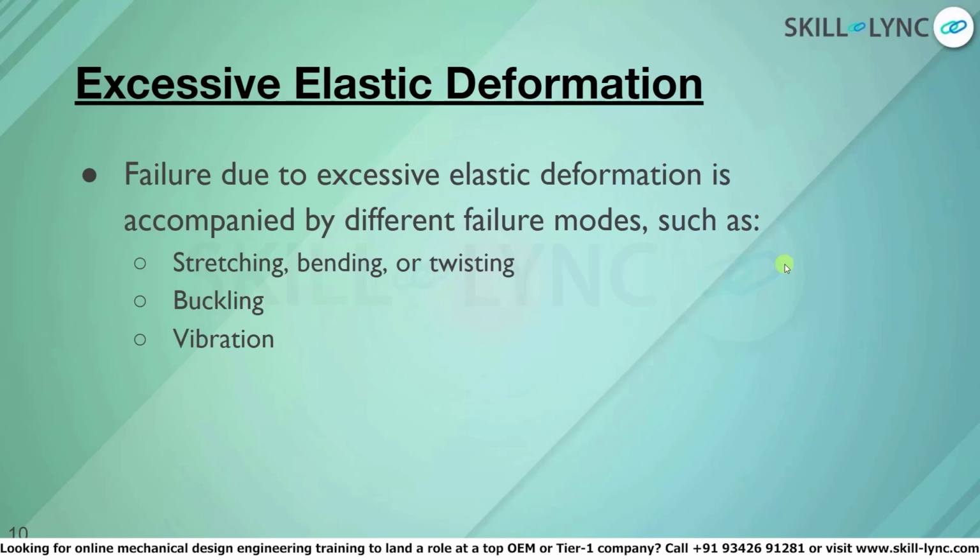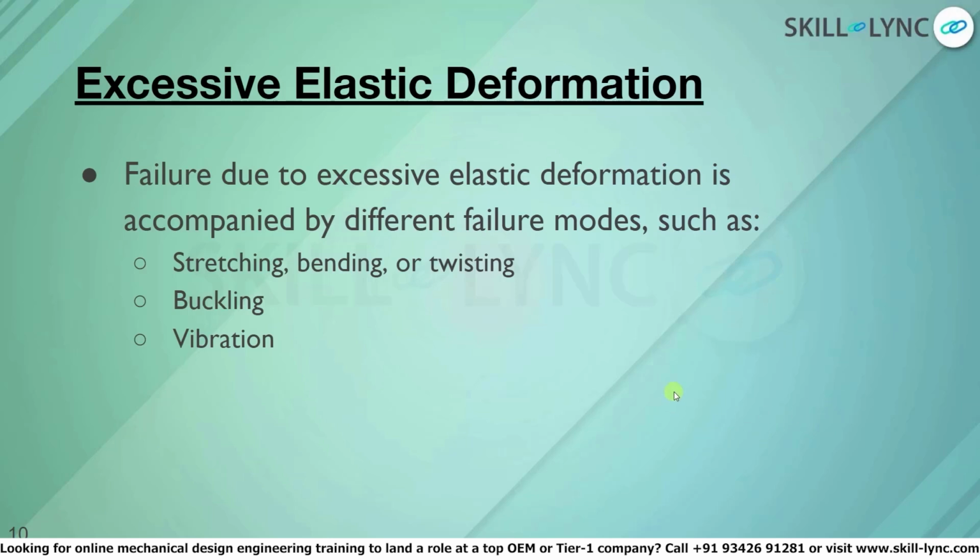Again, if we keep repeating this threading process along the screw's axis, it is going to experience repetitive loads, and due to this, the screw will attain failure. This is a very common type of failure that comes under stretching, bending, or twisting.